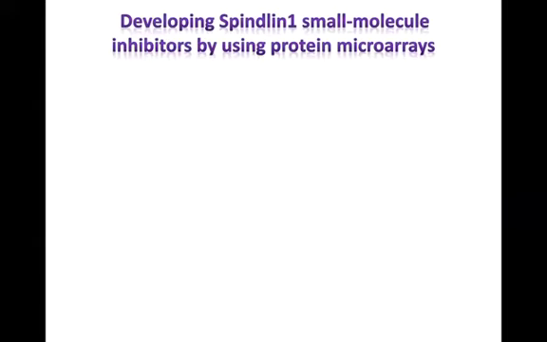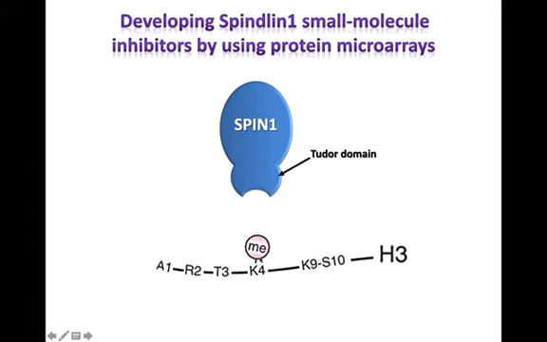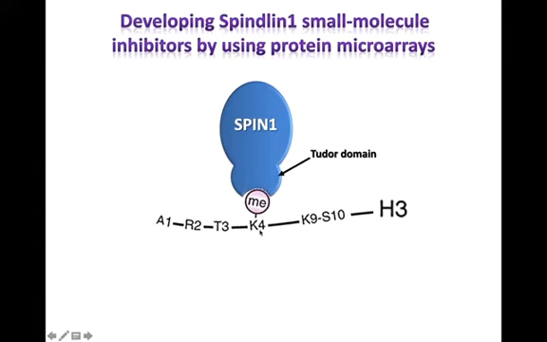Let's talk about how these small molecule inhibitors have been developed using a protein microarray to inhibit one of the important readers, which has a Tudor domain, and as you know now, it recognizes the methylated lysine. Generally, to understand the idea, normally the Spin1 protein, which is a reader, with its Tudor domain, will bind to methylated lysine 4, and only methylated lysine 4 of histone 3.